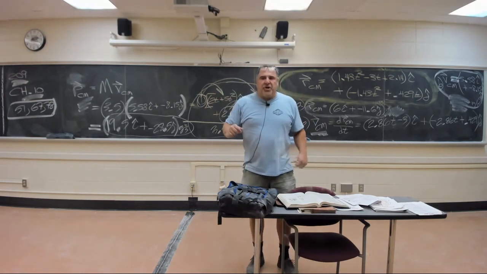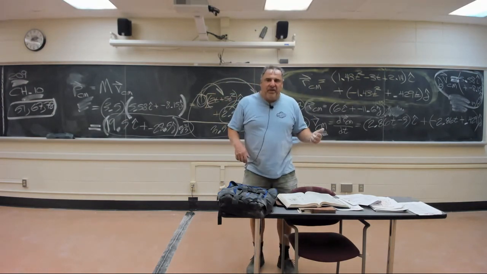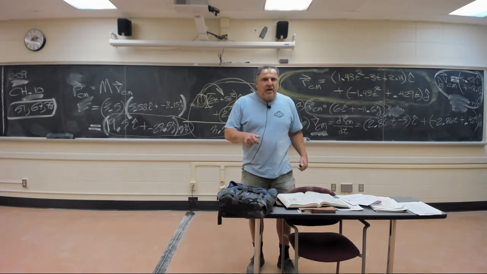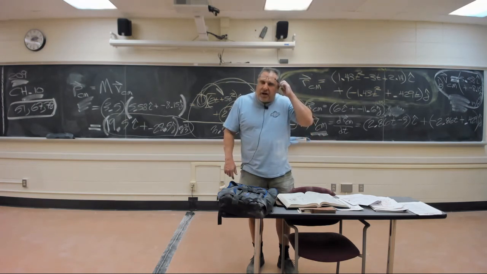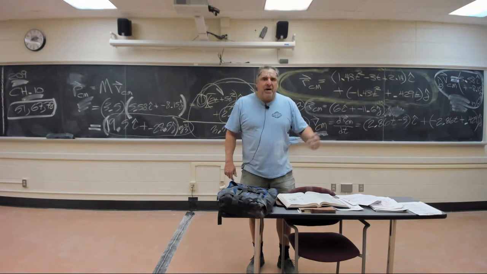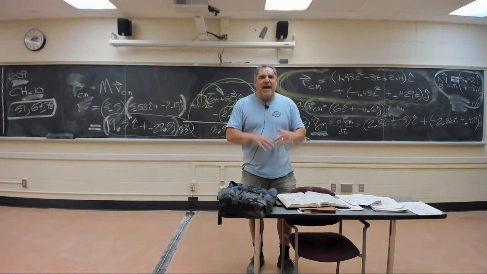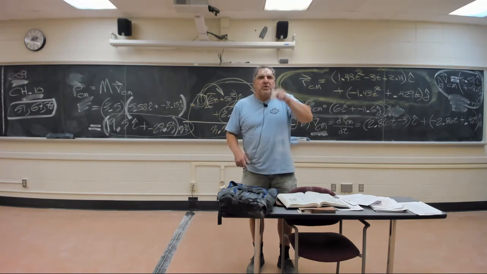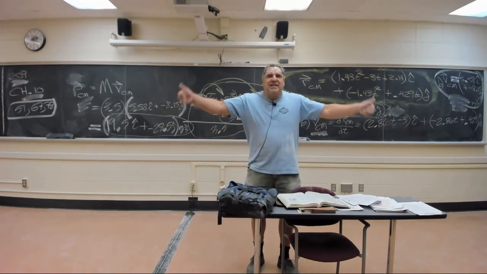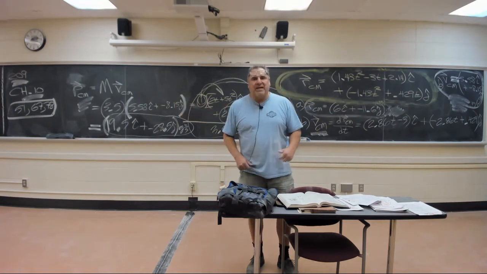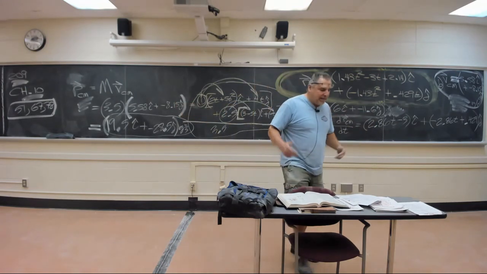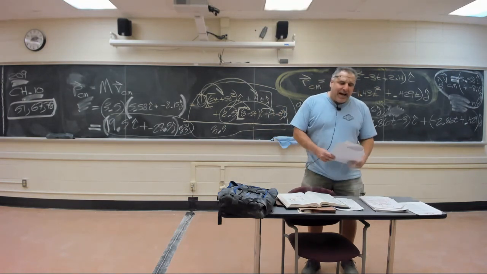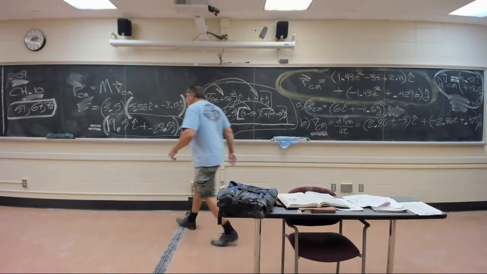Whatever the kinetic energy of the light mass m is, and whatever the kinetic energy of the mass 4m is, if I find those two kinetic energies and add them together, all of the spring's potential energy went into giving kinetic energy to those two masses. So if I add the two kinetic energies together, I get the potential energy. This is not that bad, guys. It should go pretty smoothly. Let's take a look at it.